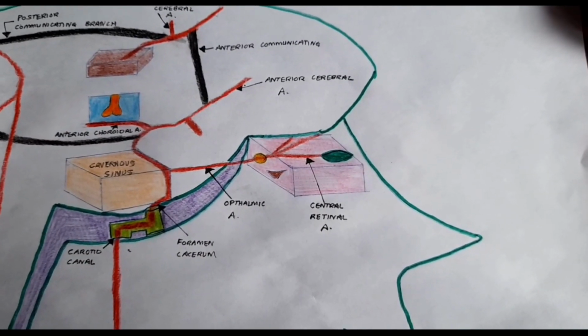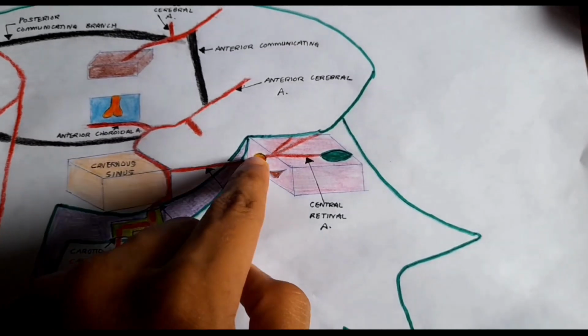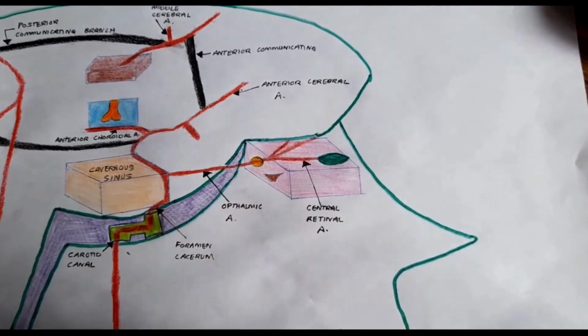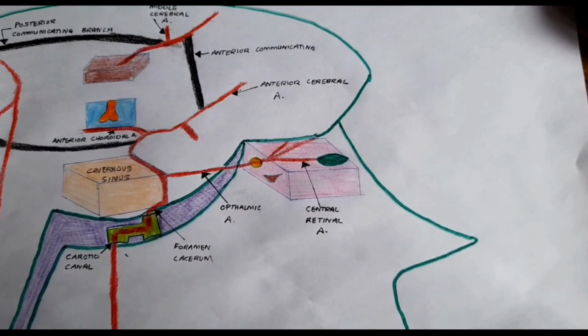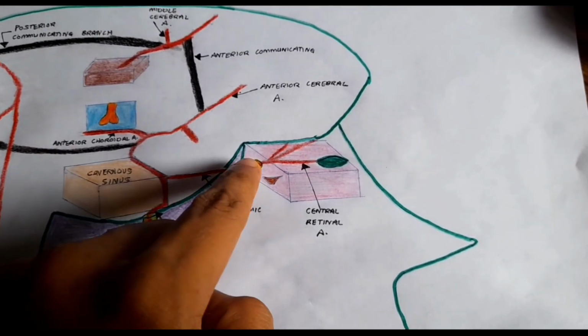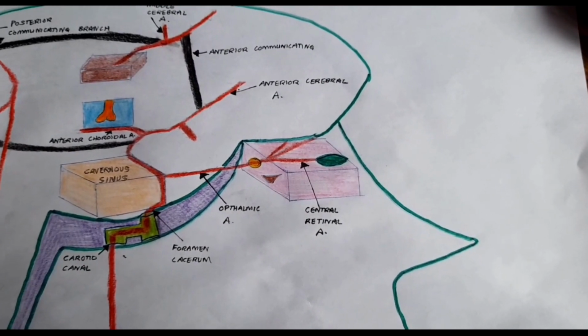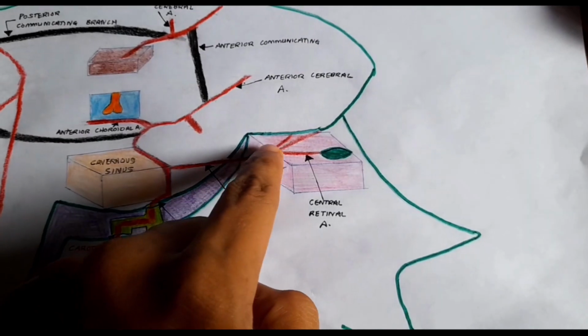And as this ophthalmic artery is going, we see one hole here, and we see another thing here. This one, from where it goes, is known as the orbit, and then it goes inside and gives some branches.